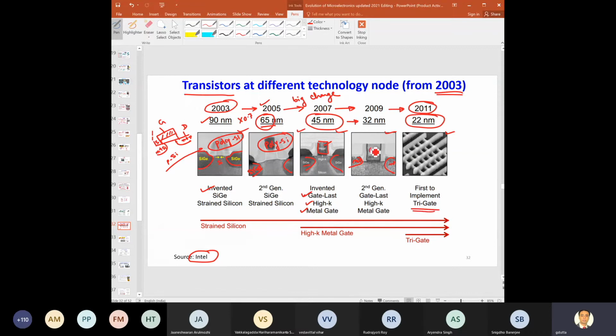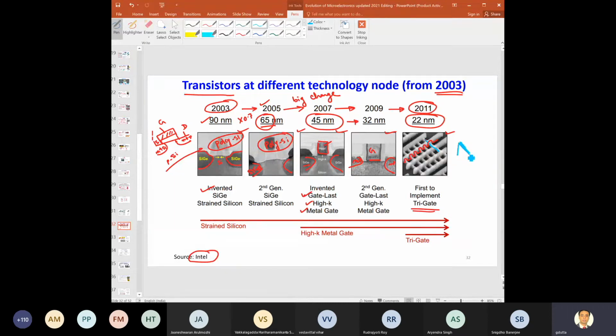So you can see here, this is the gate. Here the gate is only flat, right? But here I will show you, this is the gate actually. The gate is like this. In between this is silicon, so silicon is like this, right?